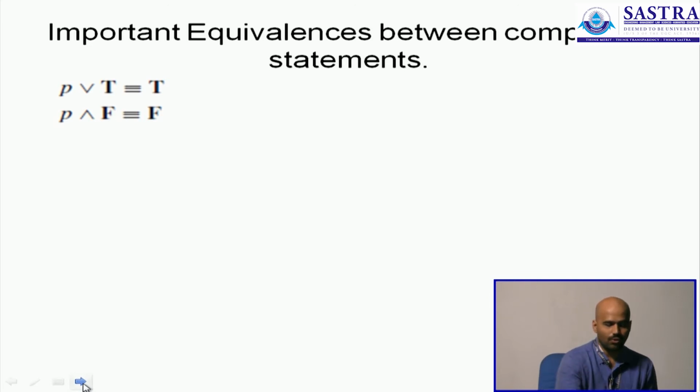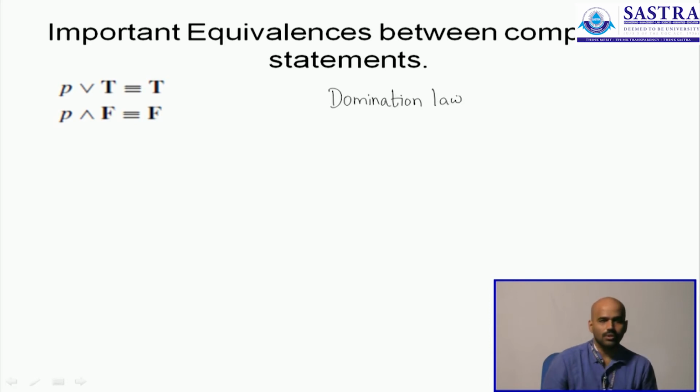The next is what you call the dominant law. Some textbooks refer to this as the domination law, but the essence is this: the true statement always dominates any given statement when it is a disjunction, and a false statement always dominates any given statement if it is a conjunction.